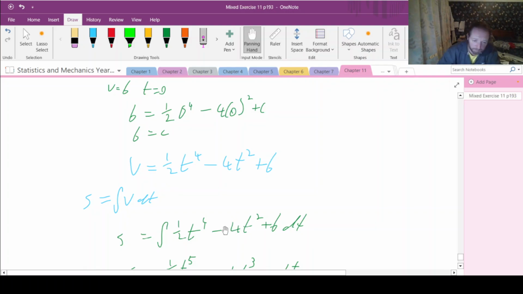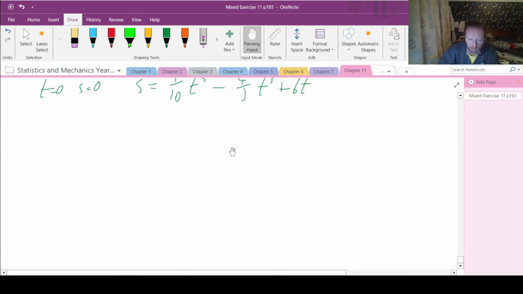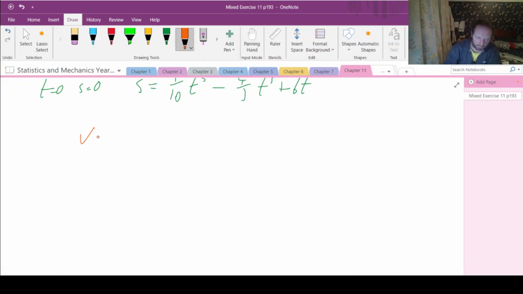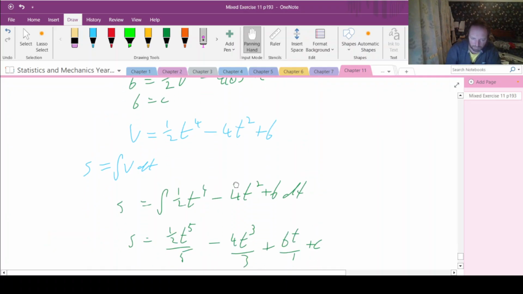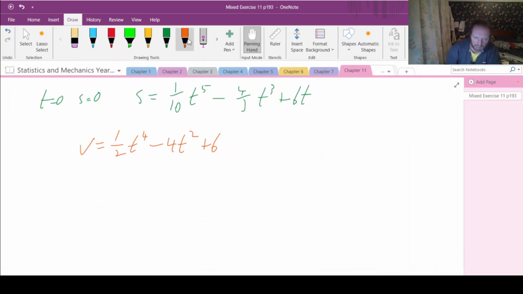So velocity is equal to a half t to the 4 minus 4t squared plus 6, I think that was it. And so we want to set that equal to 0.